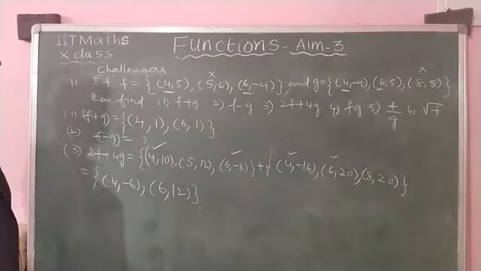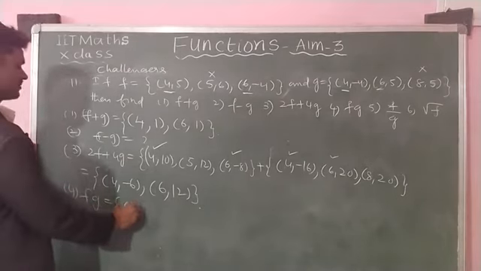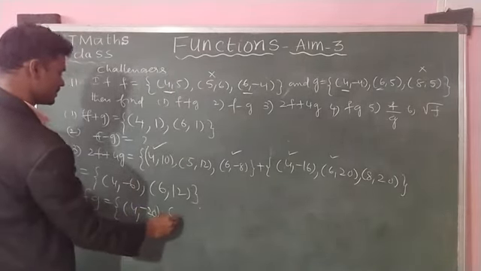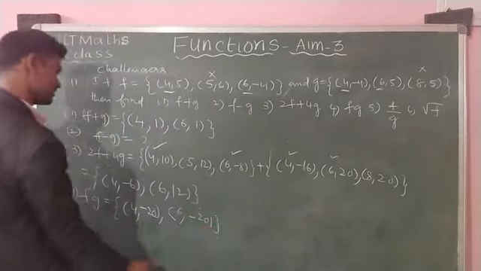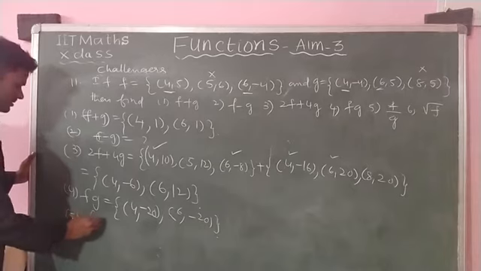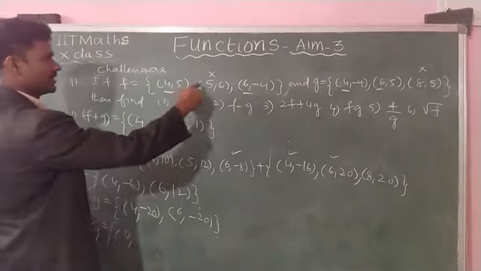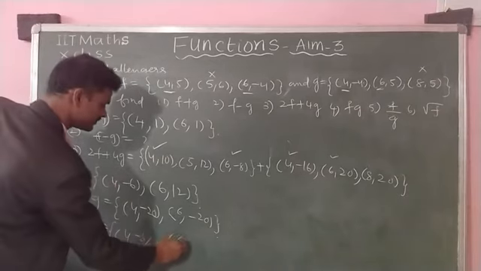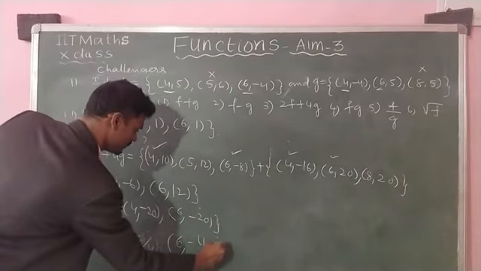Okay, next, the last, the product fg is also the same. Here (4, 5 into -4 is -20). Next one (6, 4 into 5 is 20). This is the fourth one. Next one is f by g. f by g is equal to (4, 5 by -4), that means -5 by 4. Next one (6, -4 by 5), minus 4 by 5.